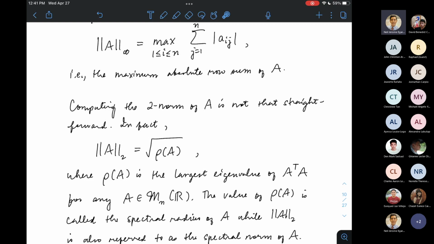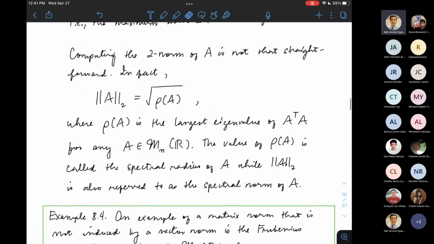Oh yeah, but let me check this one, right? Tama to. Ito yung definition. Siya ay largest eigenvalue ng A transpose A. Yun yung spectral radius. Alright? So, kailangan mong computein yung mga eigenvalues ng A transpose A. Yun yung spectral radius. Kunin mo yung square root nun, yun yung 2 norm. Medyo matrabaho yung 2 norm. Alright?